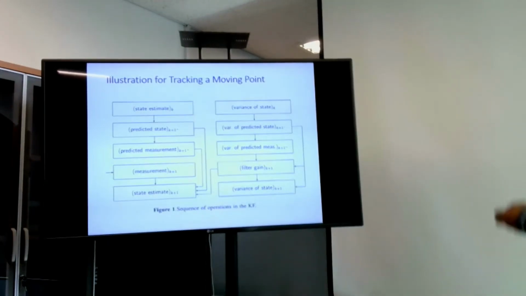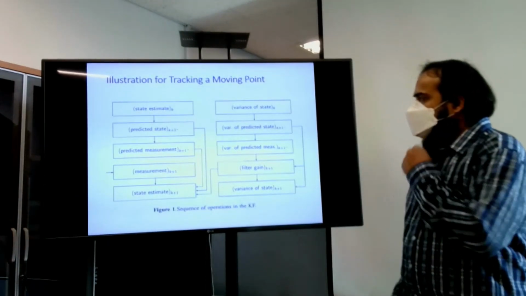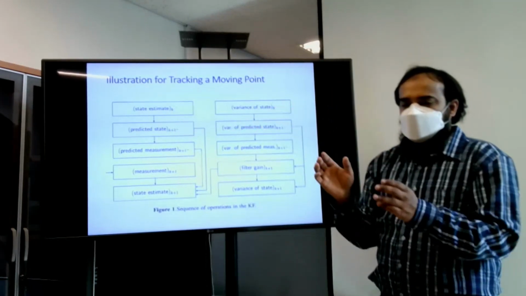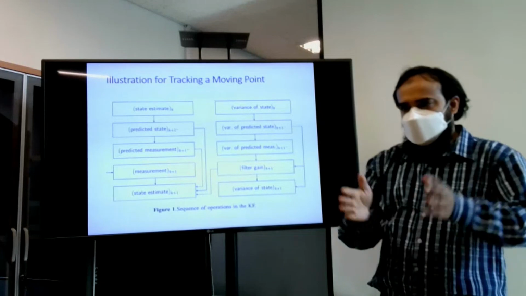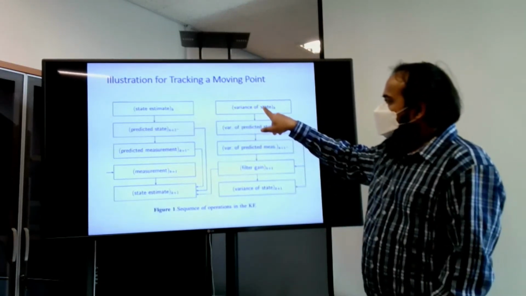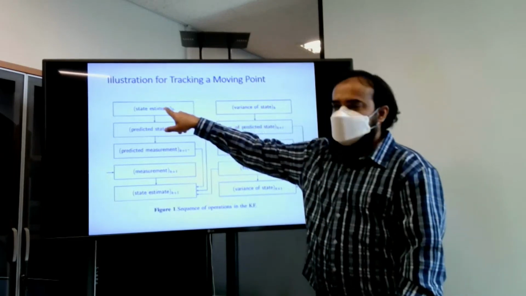So this is the flow chart to calculate the variance. Both are calculated together. So this is the variance of the state, and this is the corresponding covariance of the state estimate.